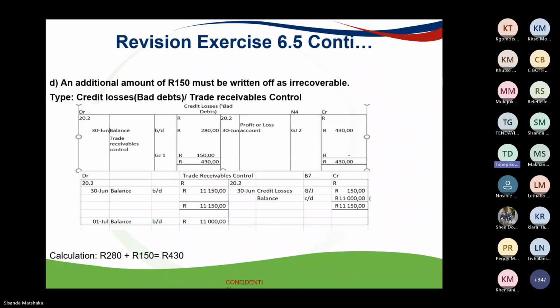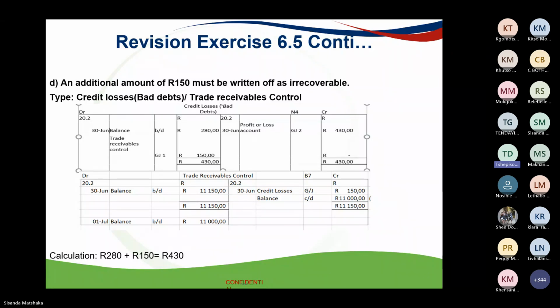An additional amount of 150 must be written off as irrecoverable. In this instance, the accounts affected would be credit losses, which is the bad debts, and the trade receivable control account.